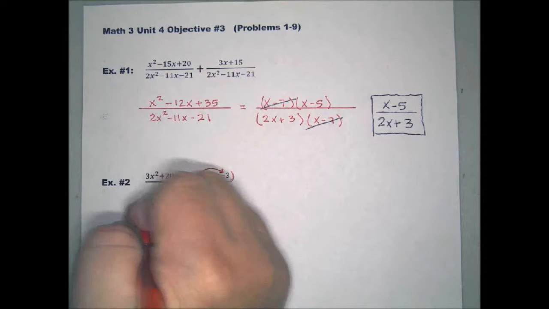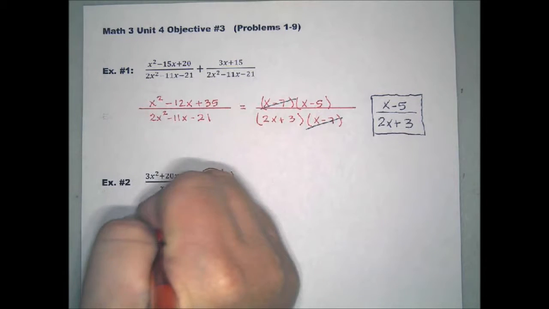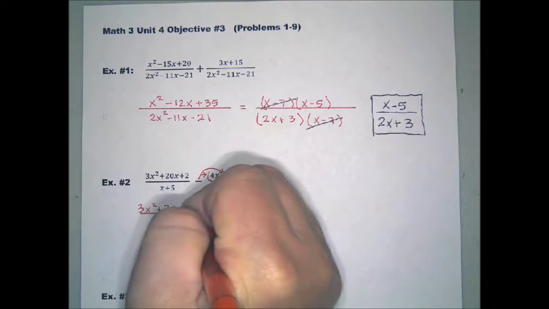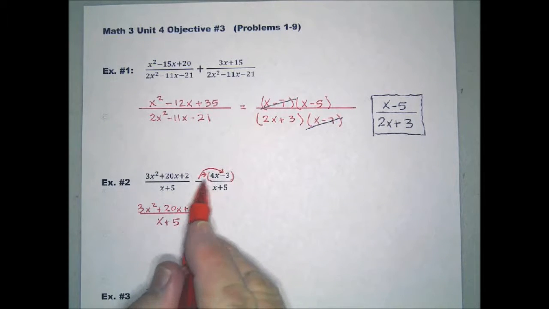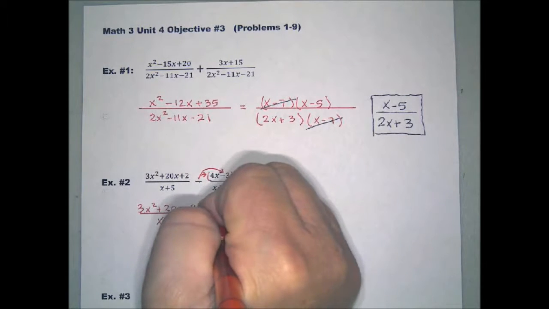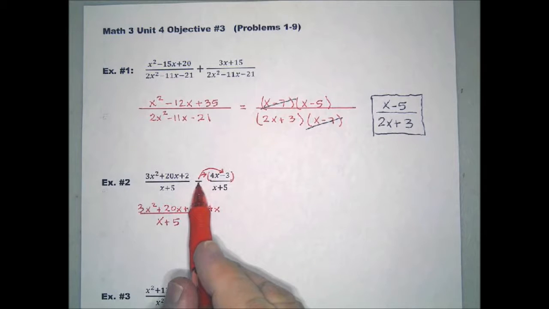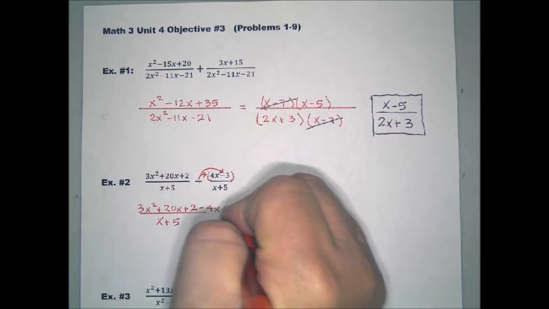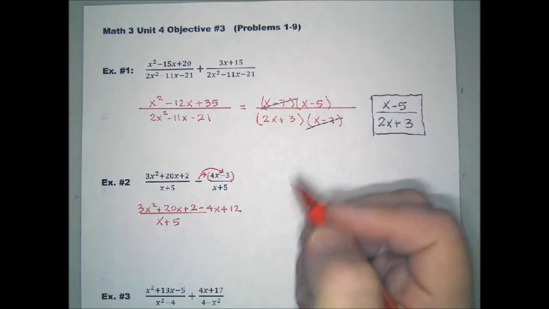So my numerator is the 3x squared plus the 20x plus the 2, and then minus the 4x, and then when that subtraction sign hits the minus 3, it makes plus 12.